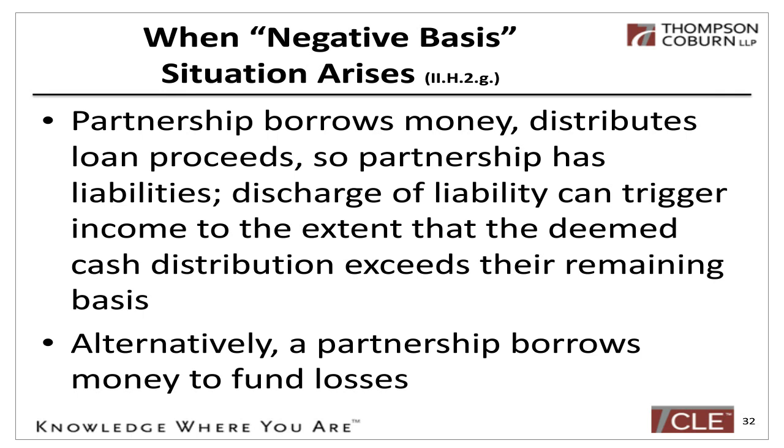And so if, for example, your share of the liabilities was $100,000, you receive that $100,000 of cash, you have a zero basis. Now 10 years later, you go and sell that partnership interest, it still has that zero basis with that $100,000 debt.